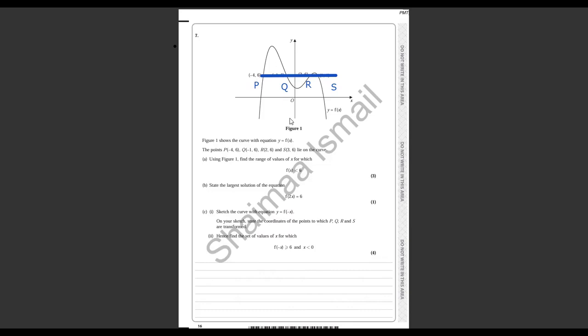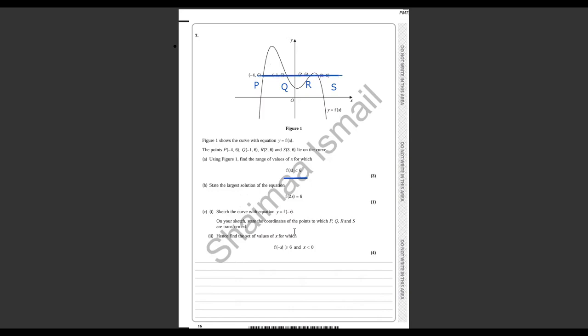So the range here is this. Okay. So here you need this line, next this line. This is less than 6. I see it here from Q to R. So if y is less than 6, it would be between Q and R that it is less than 6.